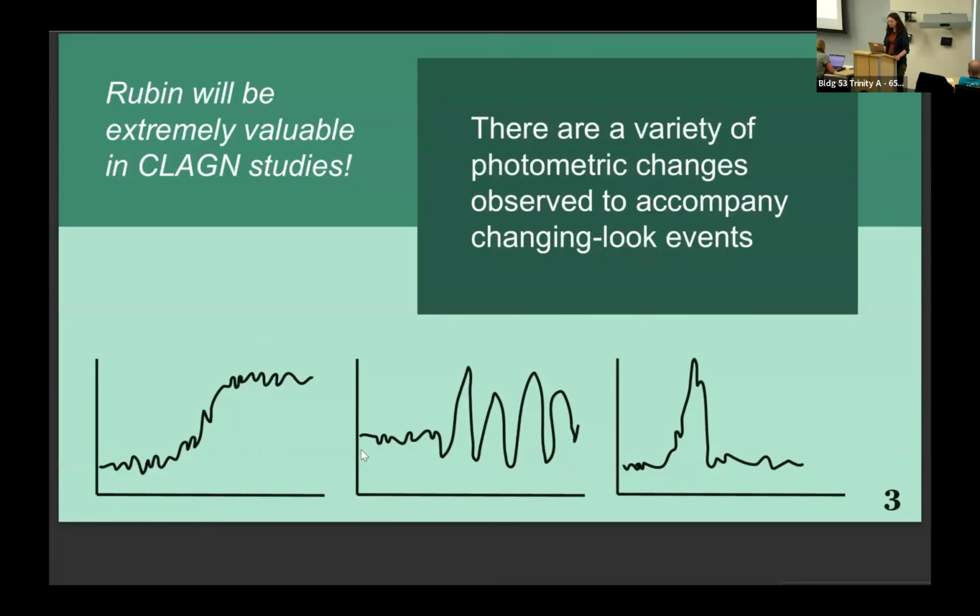Another case is where it starts with low variability and moves to extreme variability, or vice versa. And then sometimes we just see interesting flares in AGN light curves that also represent changing look events, and sometimes combinations of multiple of these. So being able to identify such a wide variety of these types of events is tricky, even with the great bounty of light curves we'll get from Rubin.